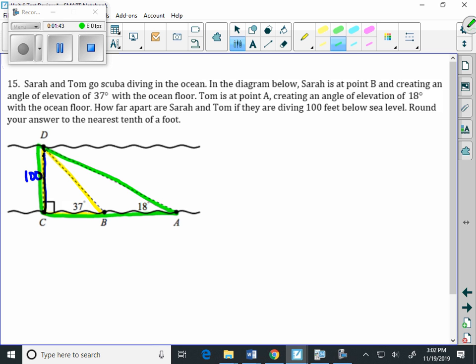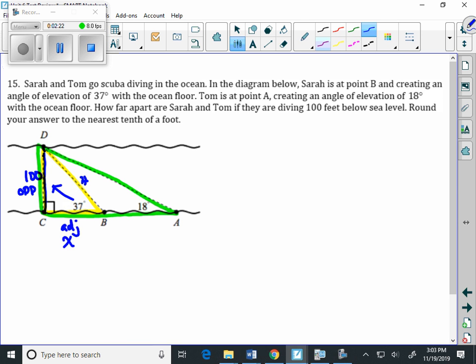Here we'll start with the yellow triangle. With regard to our yellow triangle, across from the right angle is our hypotenuse. We know the 100, which happens to be across from the 37, so it is the opposite, which means this side is the adjacent side, and we want to figure out the length between C and B. It's kind of hidden, but we want to find this length, and we can call that length x.